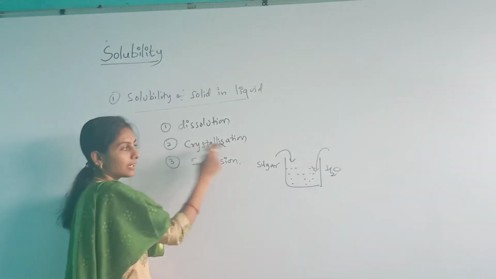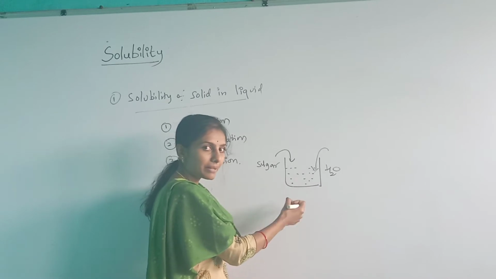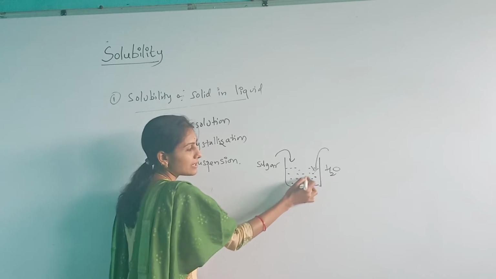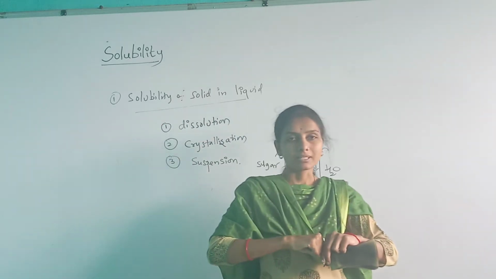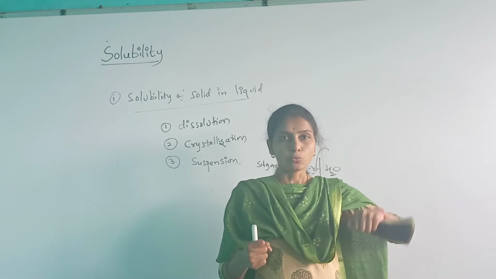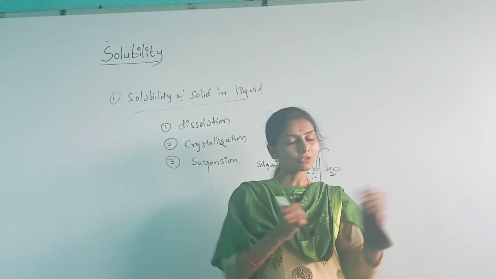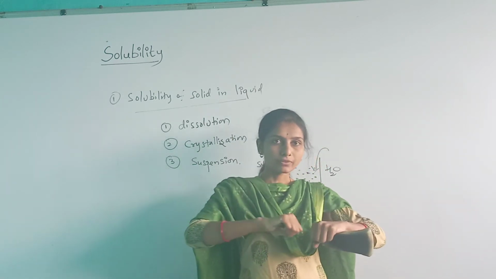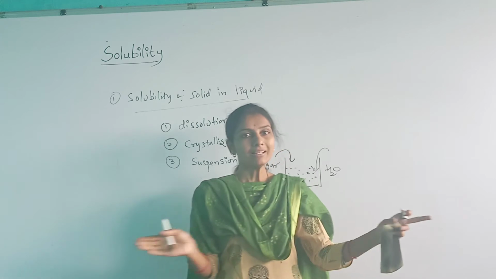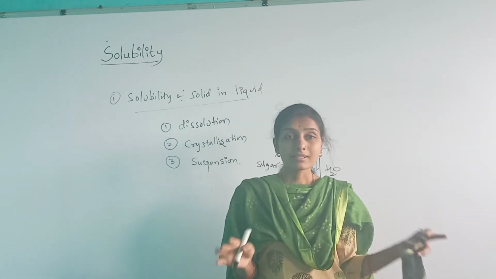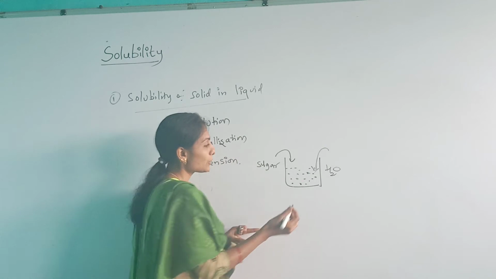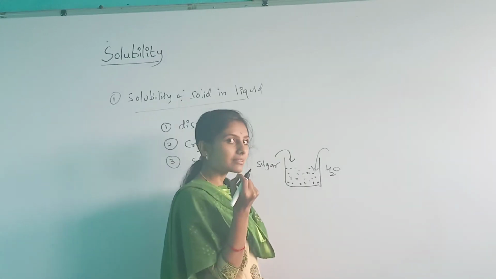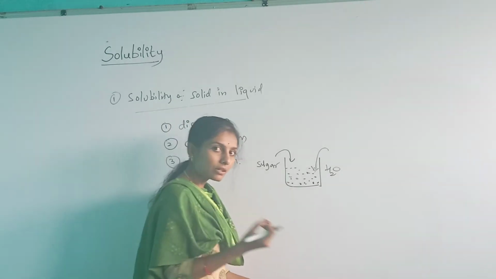Next, during this process, sometimes a few solute particles collide together. One particle of solute, one more particle of solute, they will collide together. That collision will lead to repulsion. Both will come with full force, collide with each other and move apart. That process will lead to a settlement in the form of small crystals, crystals of solute itself.